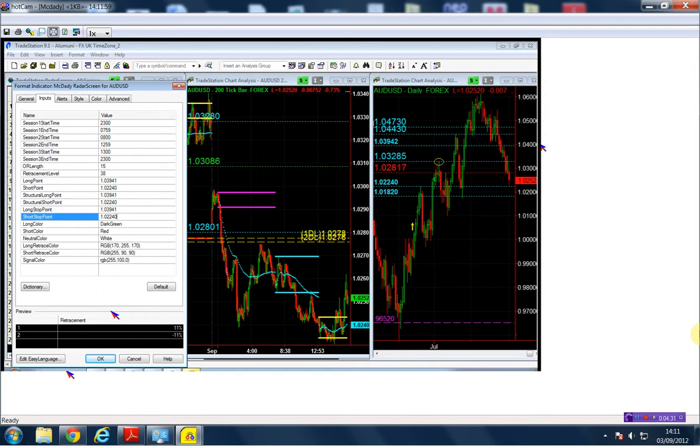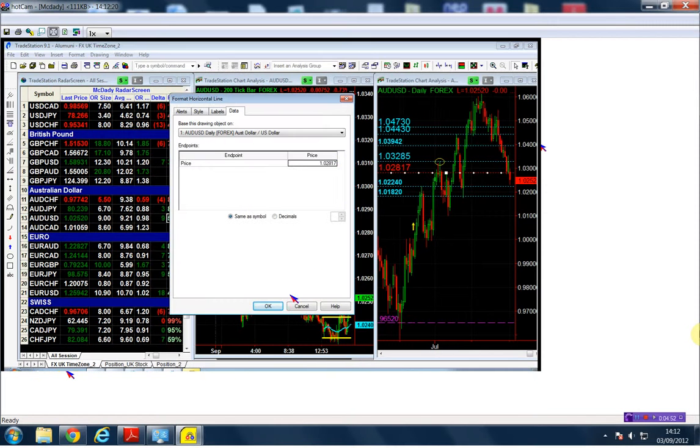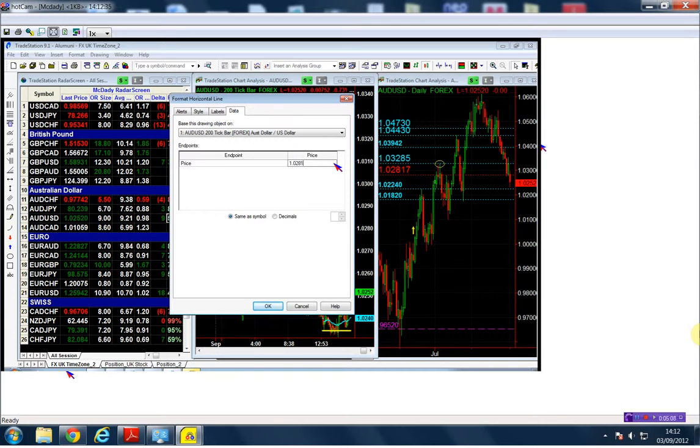Now, going for the long, where do we buy? If you look at your intraday chart and your daily chart, this is 102.80, it's actually a 1 pip difference. I think this is 102.81, it's a 1 pip difference, so it's the same, it's just the line moved. 102.817.